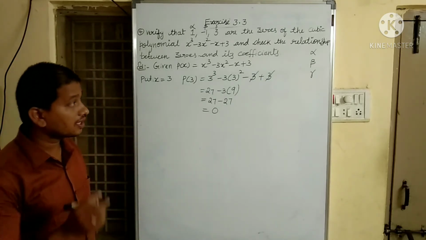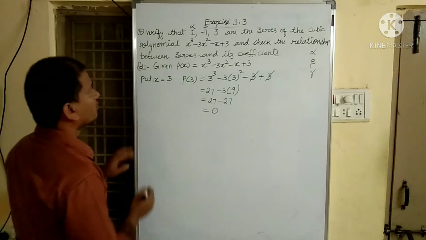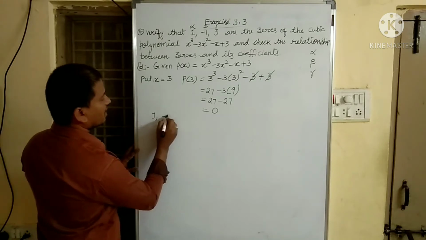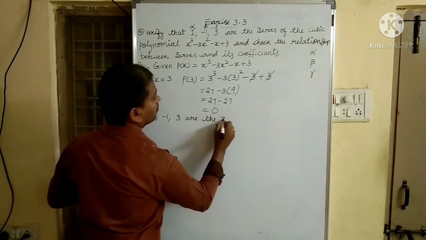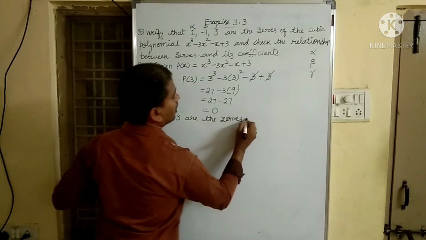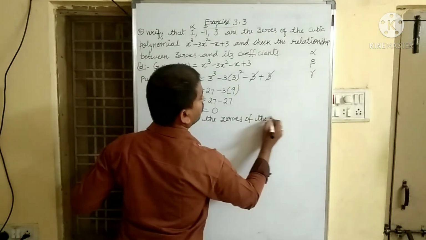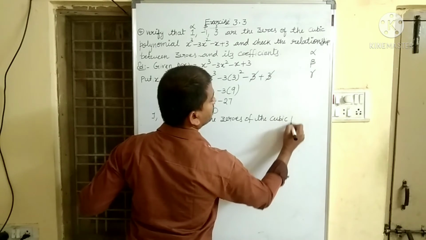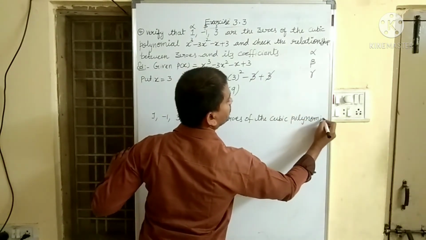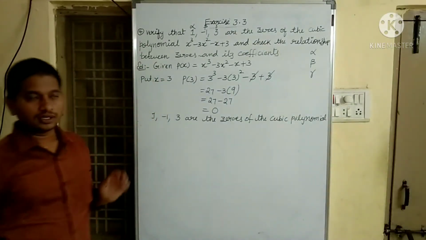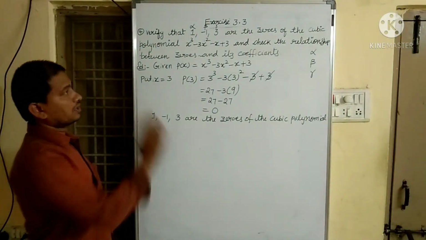Then what can we say? We can say that 1, minus 1 and 3 are the zeros of the cubic polynomial. Okay, this is about the first part.